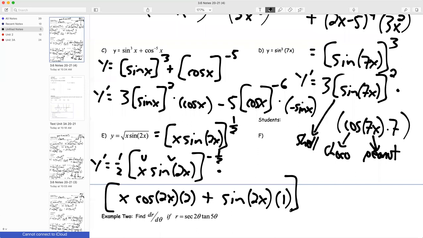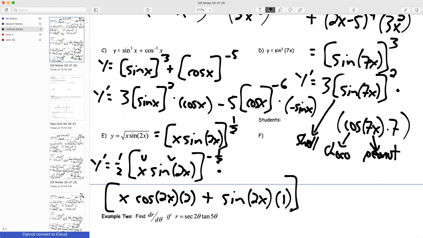Why do you multiply cosine 2x by 2? Okay, so let me go through it again, and let me label these, and I think that you'll get it. What's the answer though? It's all of this. Okay, so I've got 1/2 out front, that comes down, subtract 1, then I take the derivative of this, and when I do the derivative of this, I've got to do the product rule because I have 2 terms.